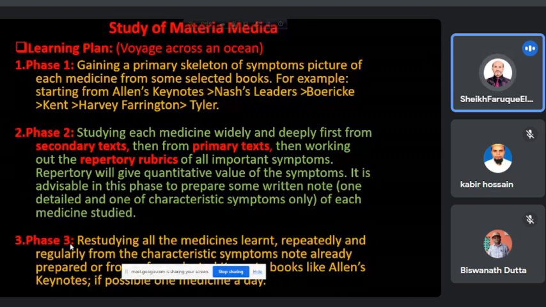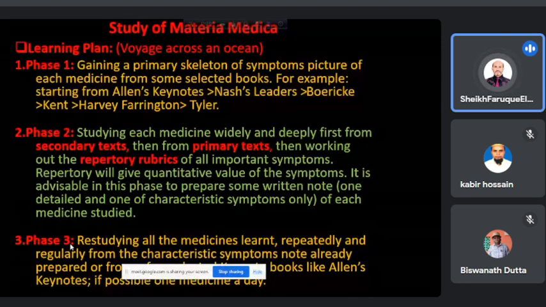Because this is a very small book, only 1.5 or 2 pages per medicine. He said, from beginning to end, go on studying Allen's Keynotes every day, at least one medicine every day. So in 1 year, you will study 350 medicines, or at least 300 medicines. Then next year again, next year again.